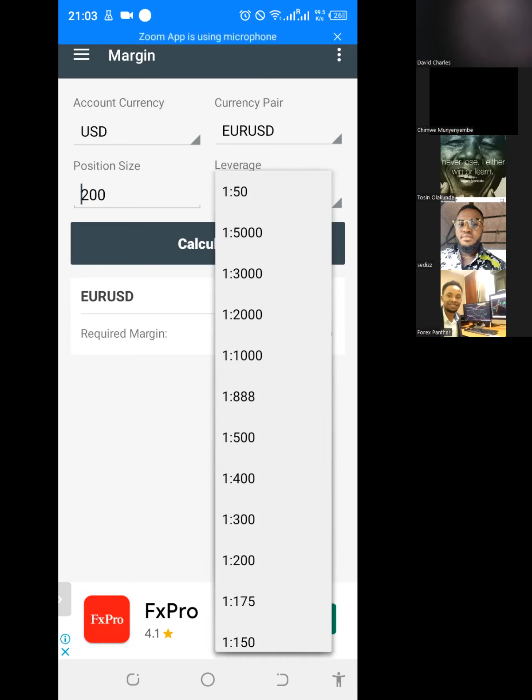You understand? Now, in leverage, that is the part of it. The men now tell you that for every 1 naira, shilling, or dollar you have, there is a multiple effect. So if you're using 1:500, they will tell you for every 1,000 naira you have, we will back you up with 500.